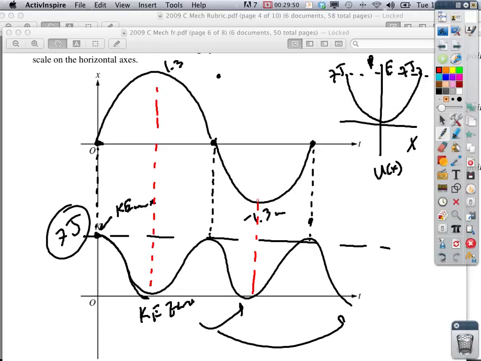So F is negative dU/dx. When you take the derivative, you get negative 8x. That shows acceleration is not constant; acceleration is a function of displacement. Because of that, you can't use the kinematics equation.